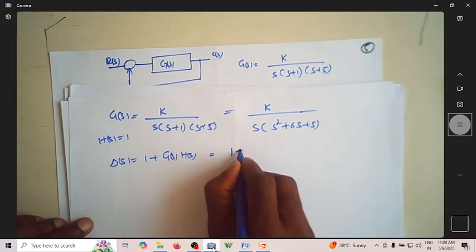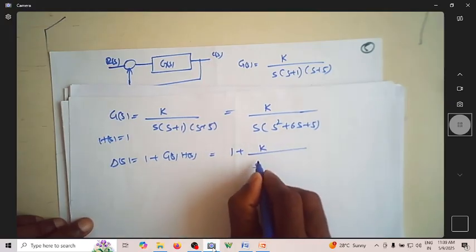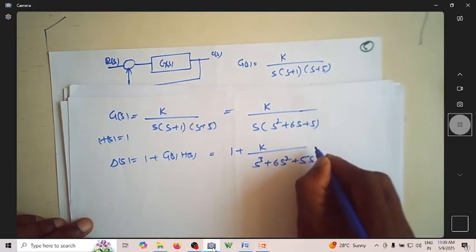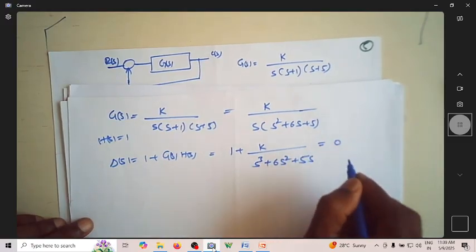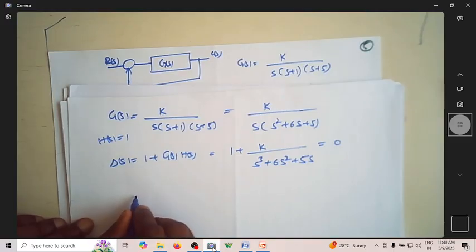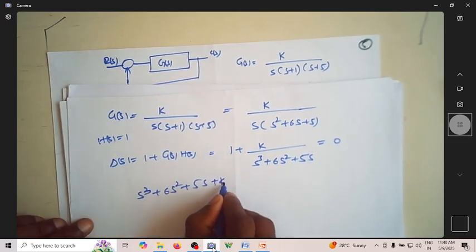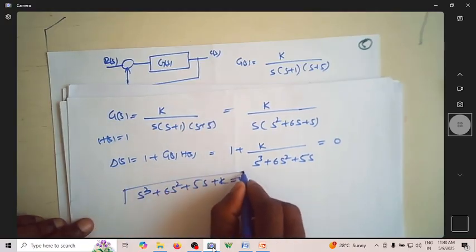So this will be 1 plus K by (s cube plus 6s square plus 5s) equal to 0. The characteristic equation is now s cube plus 6s square plus 5s plus K equal to 0.